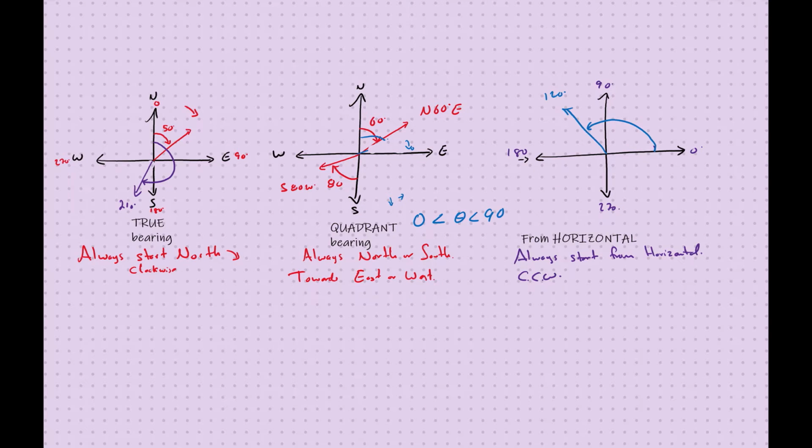If they don't specify whether it's quadrant bearing or horizontal, but you're given a 3-digit angle, then we assume it is true bearing. For true bearing, your angle is going to be given as a 3-digit number. So for example, a 25 degree angle would be 025, and that would assume that it is a true bearing.